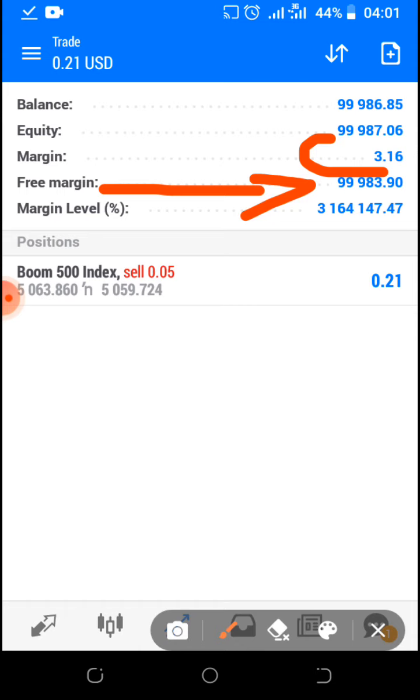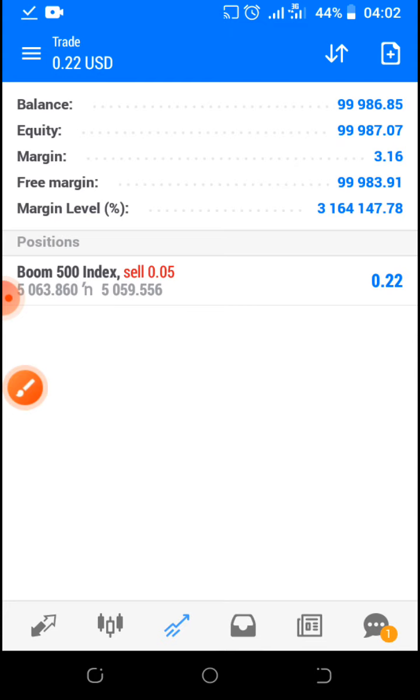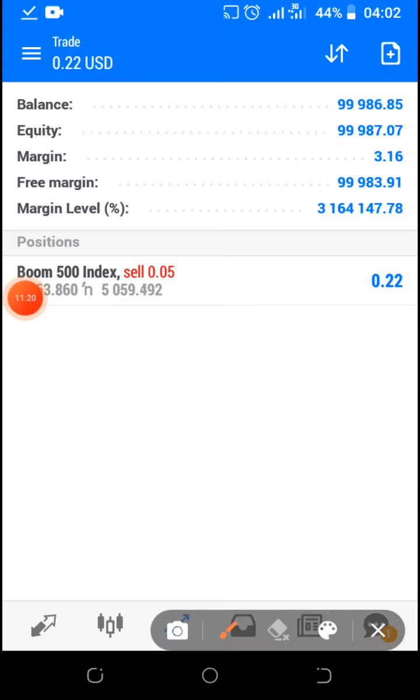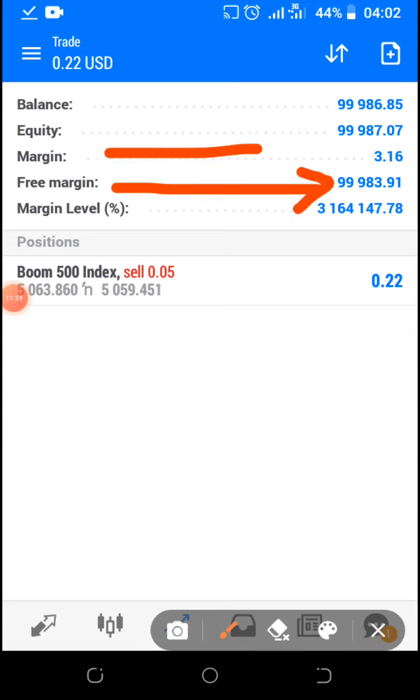Your free margin is actually your real equity, in the sense that it is the amount of money needed to either add more open positions or sustain currently running positions. For example, when I add a new position to this, you see that this free margin will reduce and your margin will increase. So just watch.